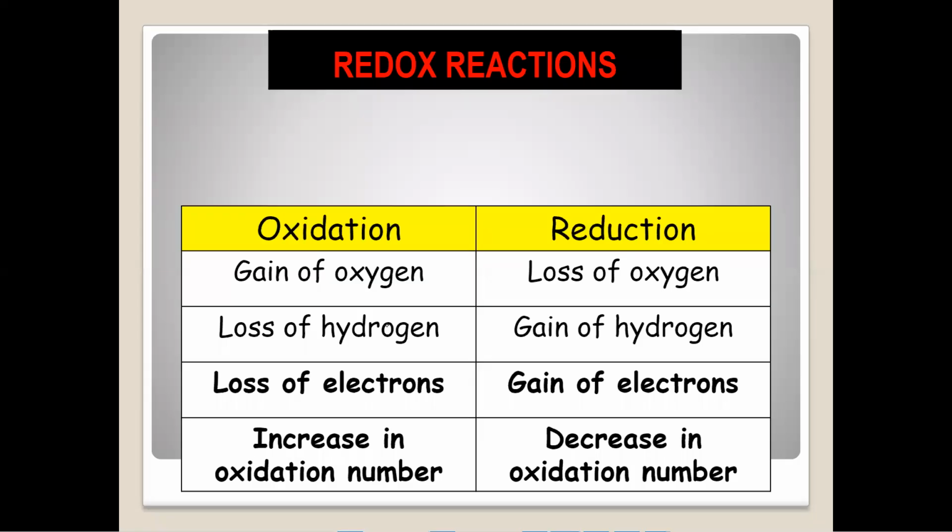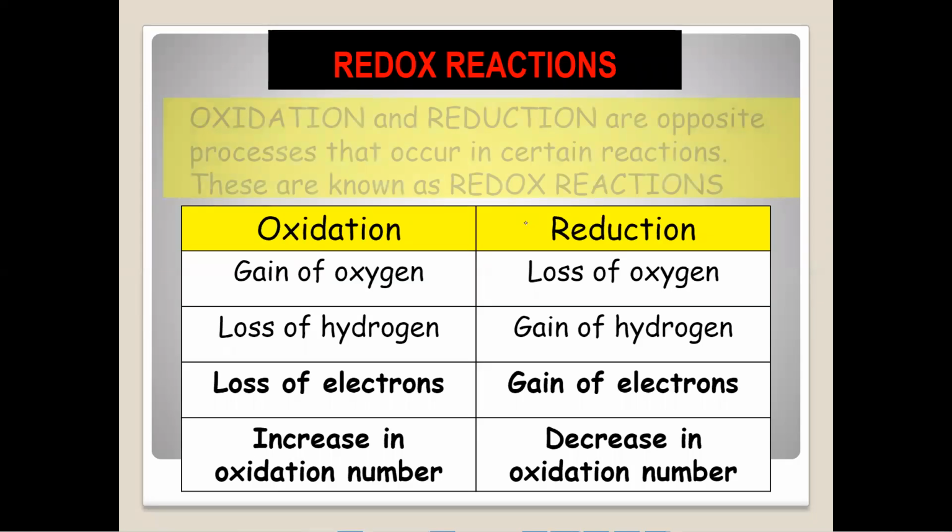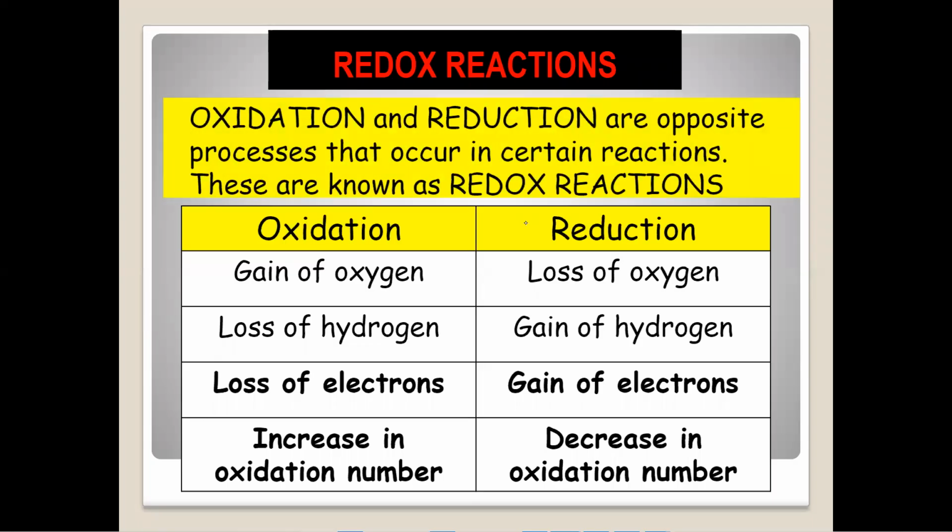So what is going to happen? The first thing that you should notice, ladies, is that the processes are opposite. Where something is gaining, the other one is losing. So if oxidation has the gain of oxygen, reduction has the loss. If oxidation is a loss of hydrogen, then reduction is gain.